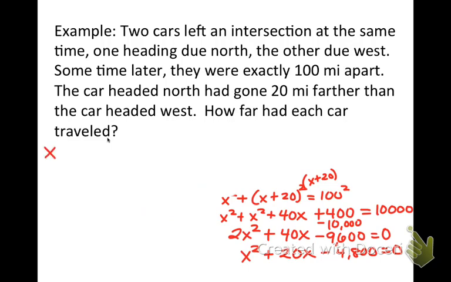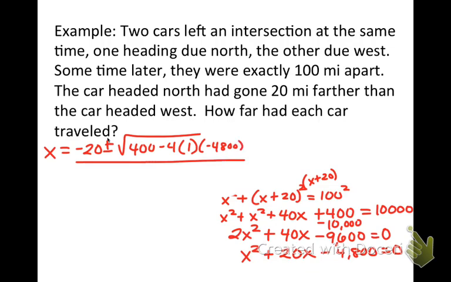X equals negative of my B, so negative 20, plus or minus the square root of 20 squared, which is 400, minus 4 times A, which is 1, times my C, negative 4,800, all over 2 times my A, which is 2. 400 minus 4 times 1 times negative 4,800 is 19,600. The square root of that answer is 140. So we get x is equal to negative 20 plus or minus 140 all over 2.